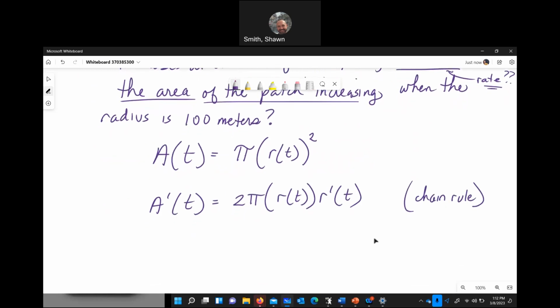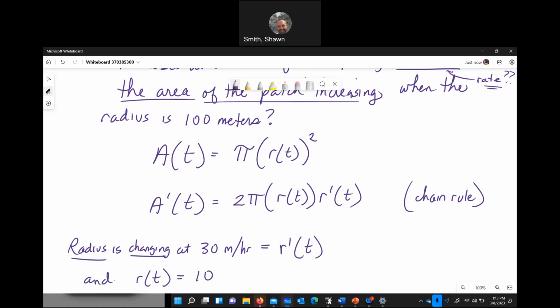So we're given that the radius is changing at a rate of 30 meters per hour, right? This is equal to r prime at t, right? Radius is changing. It's the rate of change of the radius. And the radius at some particular time is equal to 100 meters.